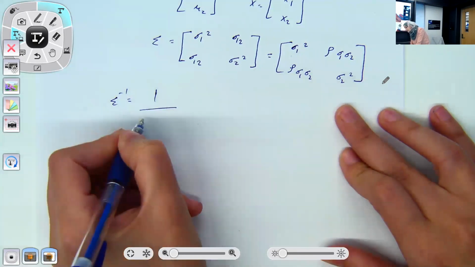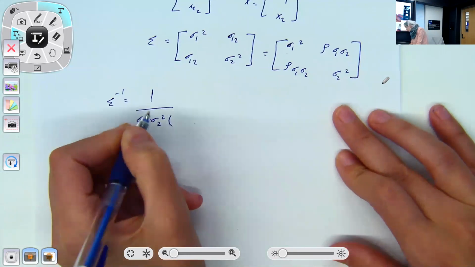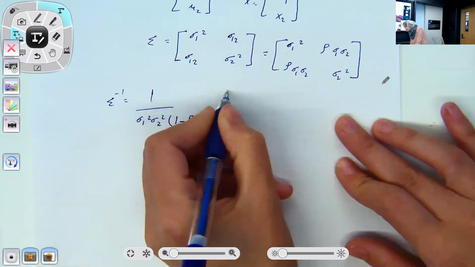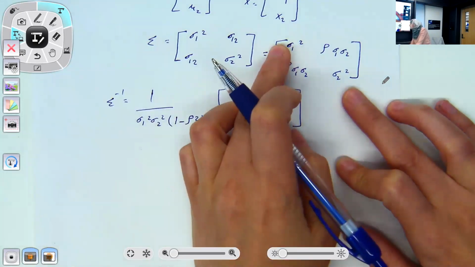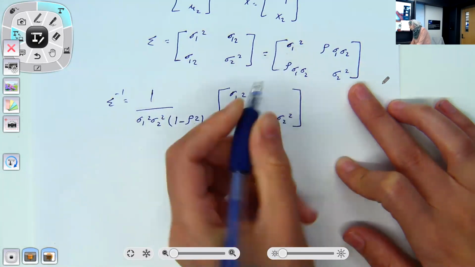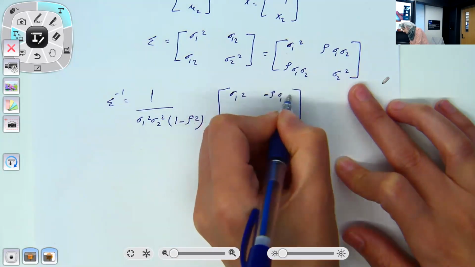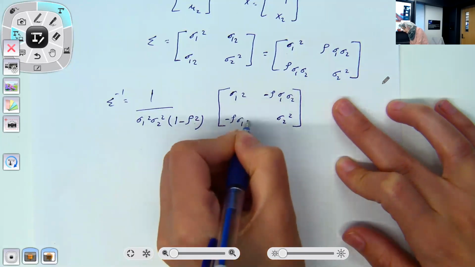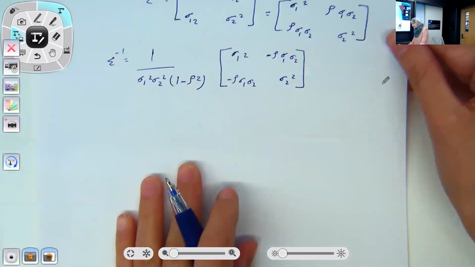If we take sigma 1 square sigma 2 square as a common factor, what remains is just 1 minus rho square. And here we have sigma 2 square, and sigma 1 square, and we need to change the sign of the off-diagonal entries, so they are minus rho sigma 1 sigma 2. This is the value of sigma inverse.